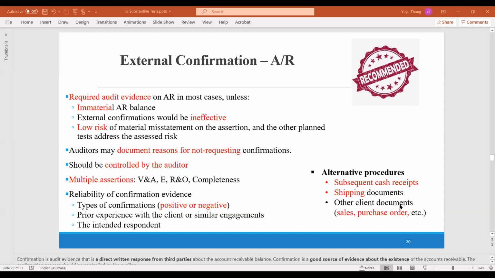So here, if confirmation is not doable, you could always look at alternative procedures from transactions, but you need to look at both sides, sales and also the subsequent cash receipts.